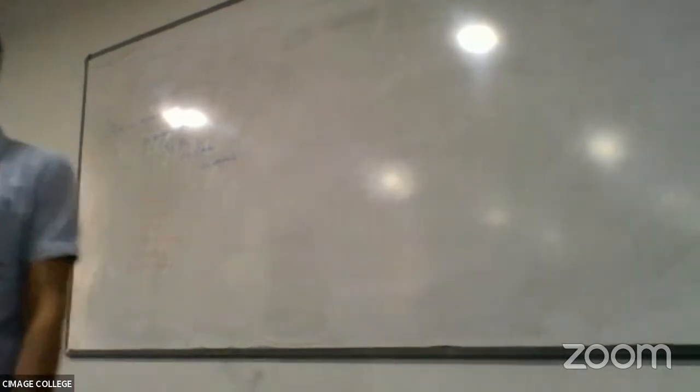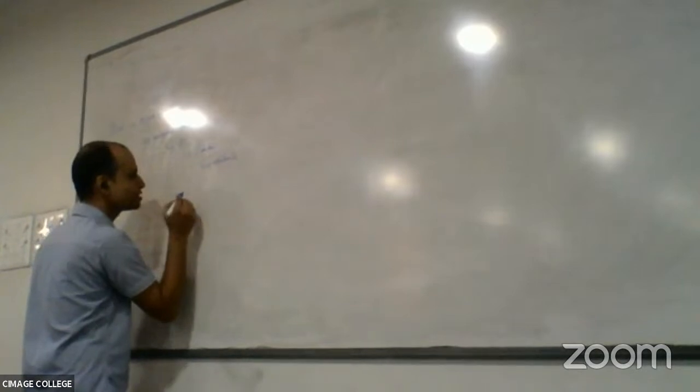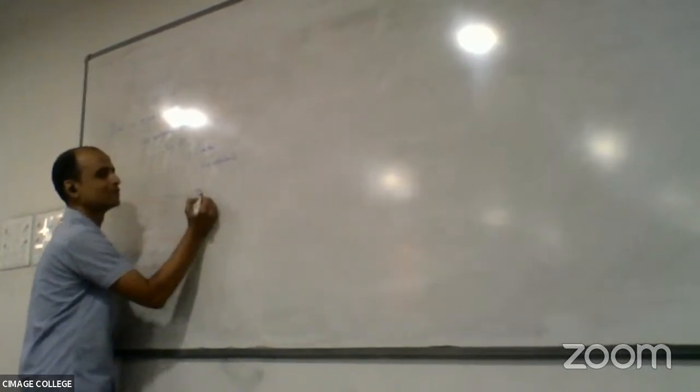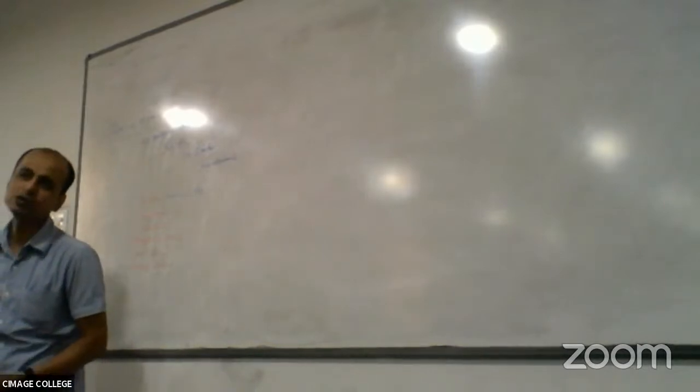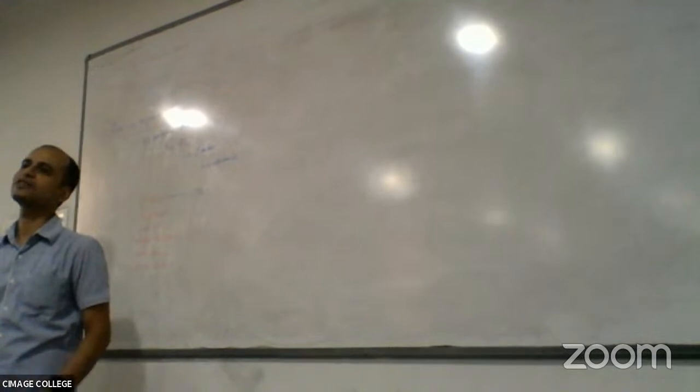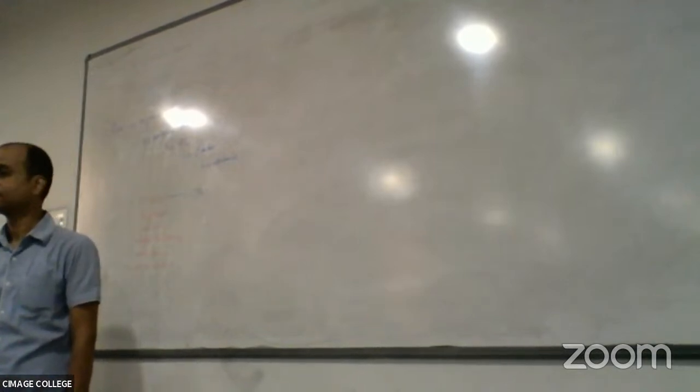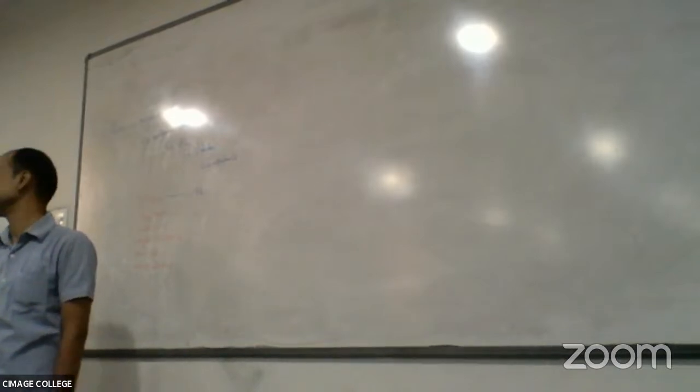Is your IP address starting with 192? And 192 is class C. Yes, this is a private IP address.